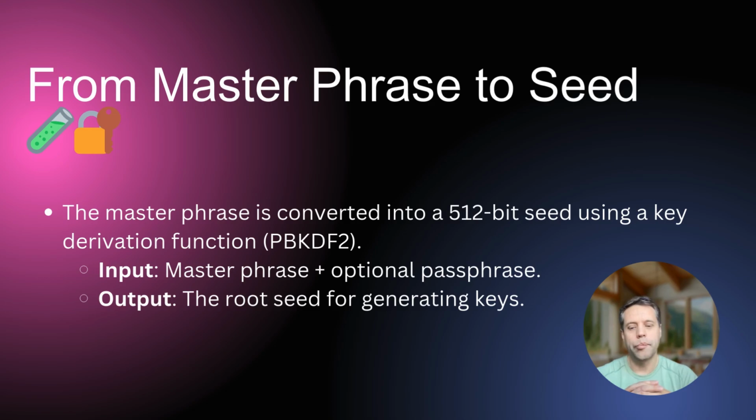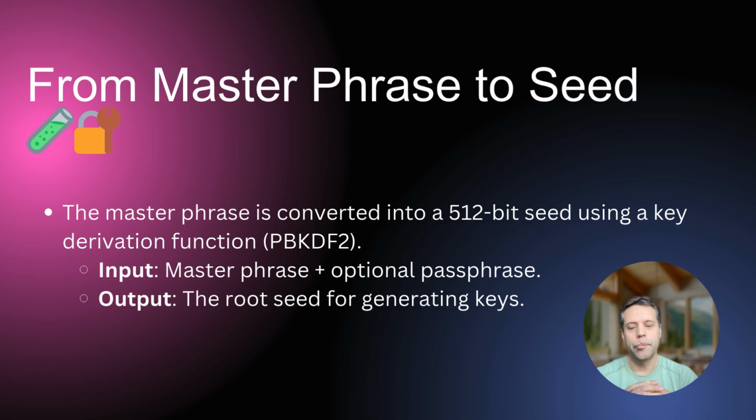And if you write it down along with your master phrase, then there is no additional security, right? So if you remember that additional word or additional phrase that you're going to concatenate the master phrase with to generate the rest of the keys, then that's good.